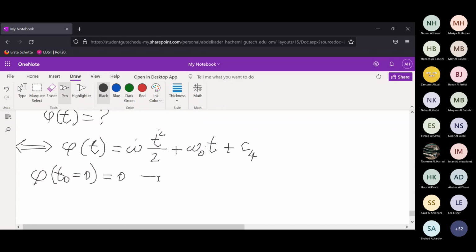Then here we can deduce that C4 equal to 0.